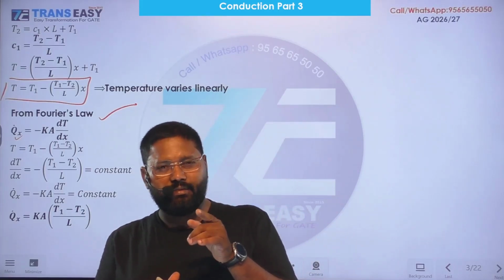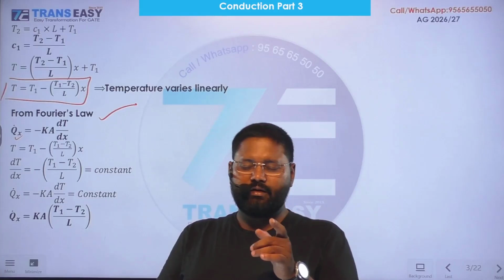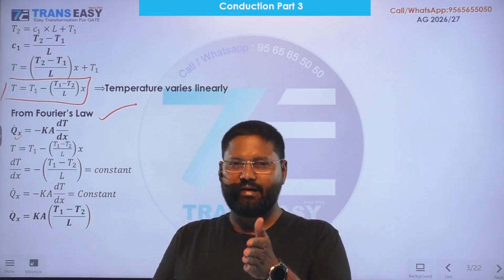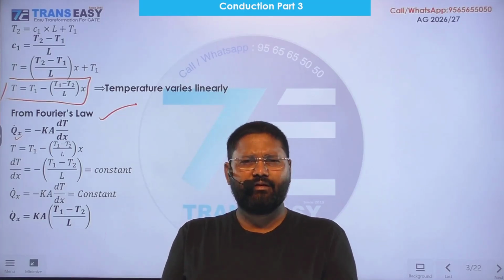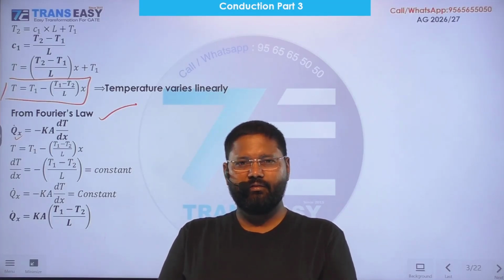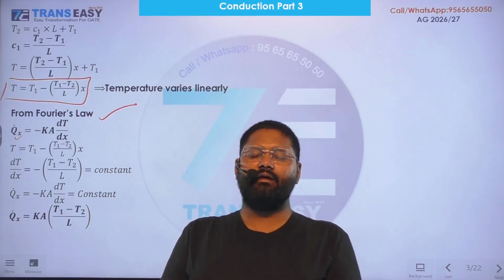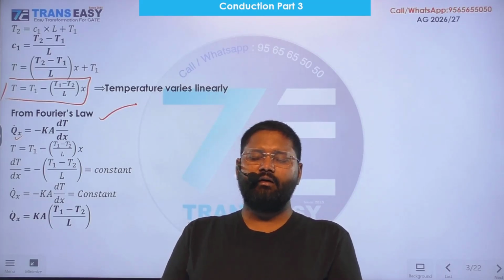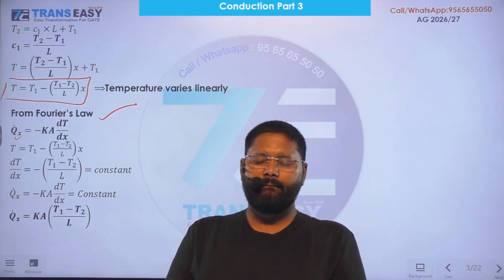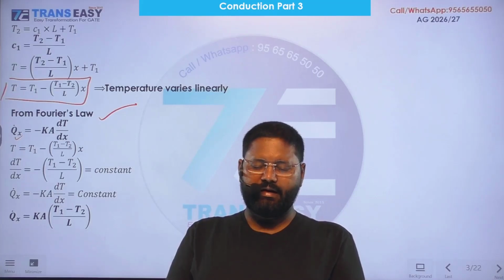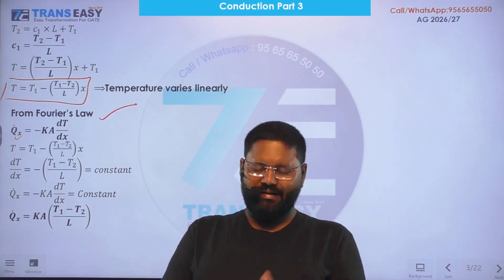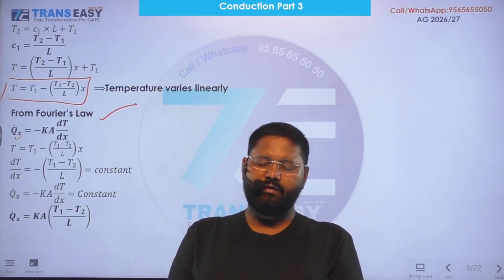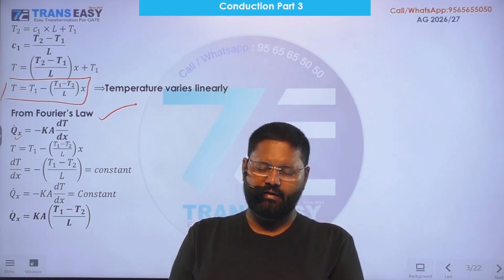Q dot X means heat conduction rate through a plane at a distance x, and x is varying, is equal to minus k, cross-sectional area of the plane at x, and temperature gradient at x, dT dx at x.